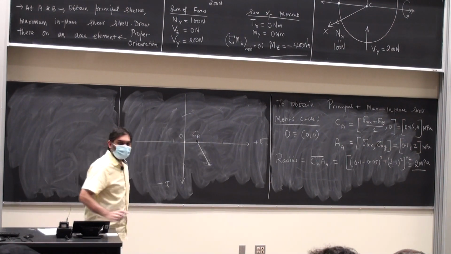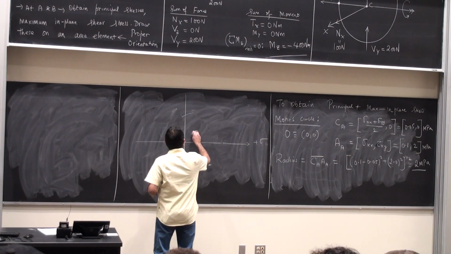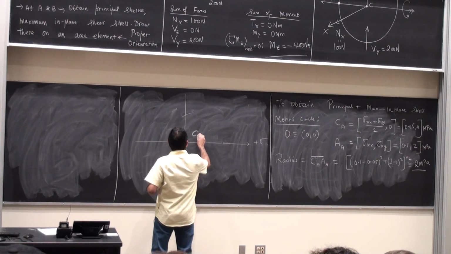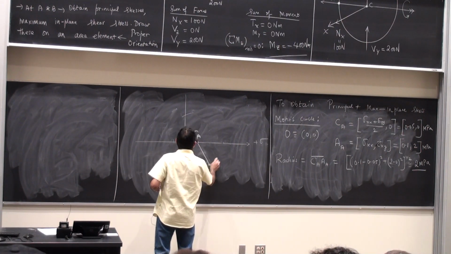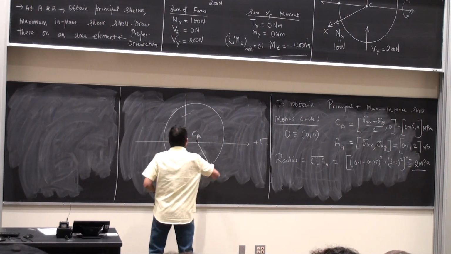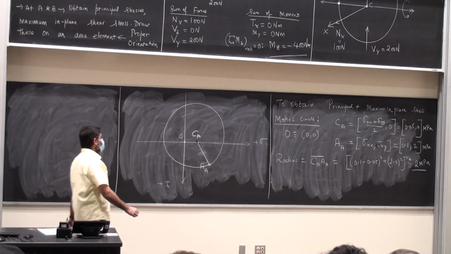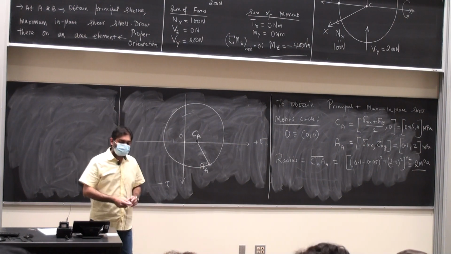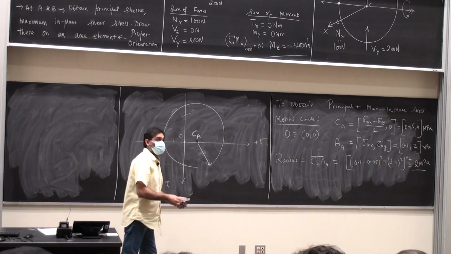I'll just draw a freehand circle, which is I think better than what I might have. So this is your Mohr circle. This is your origin. This is the point A suffix A, which is a critical point.